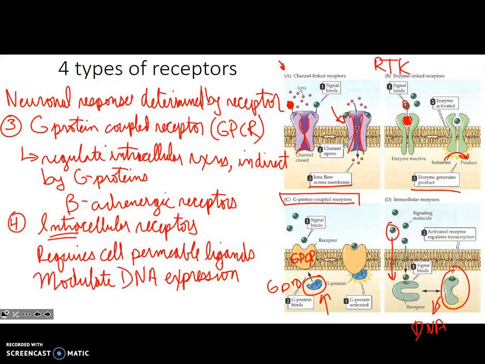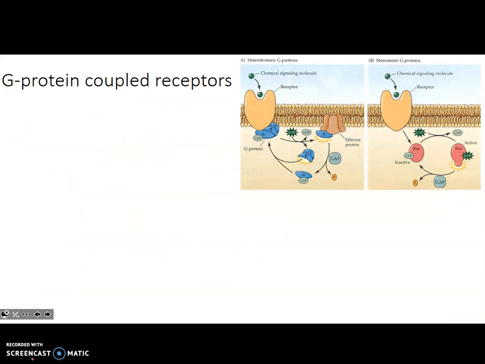Let's look at those G protein coupled receptors in some more detail. So the way we're going to look at the cell signaling with respect to G protein coupled receptors and a couple of other receptors too, is we're going to not look at any one signaling pathway. We're going to talk about general effects of each of them. Okay, so there are 2 classes of G protein receptors. You can see an example of each on the right.